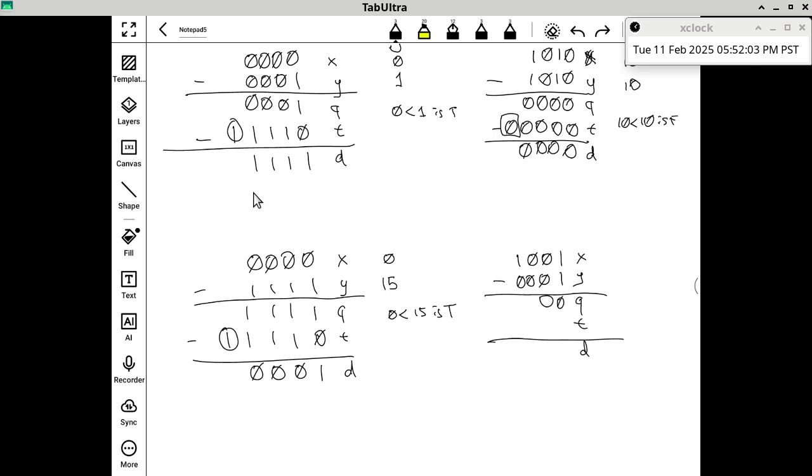So that's 0, 0, 0, 1, and then we have 0 assumed, and the result is just 1, 0, 0, 0. So in this case, x is representing 9 as an unsigned value, y is representing 1, and we are asking, is 9 less than 1? The answer is false, and T4 is correctly indicating that x is not less than y in this case.